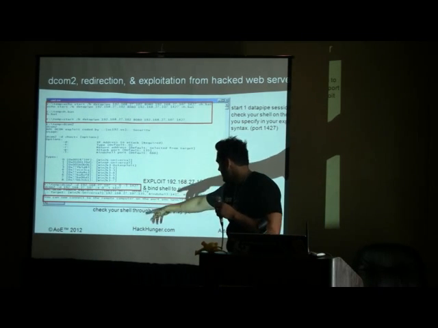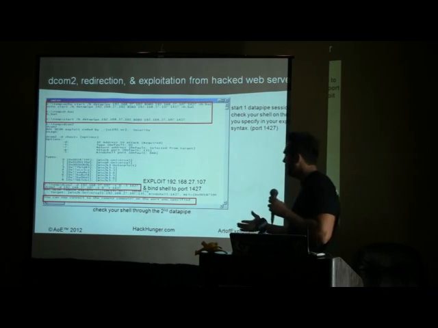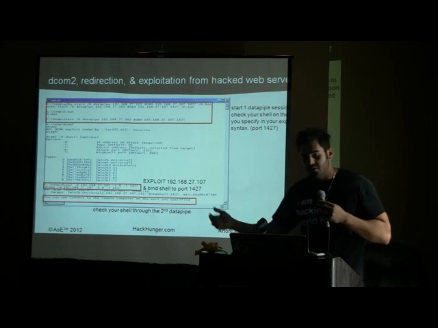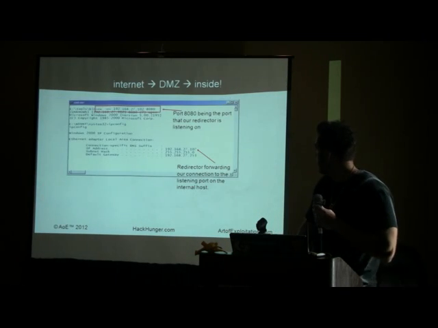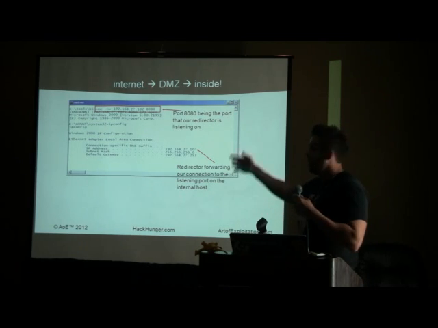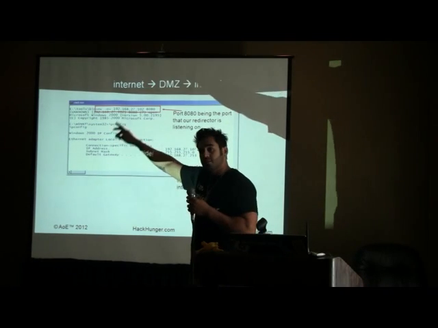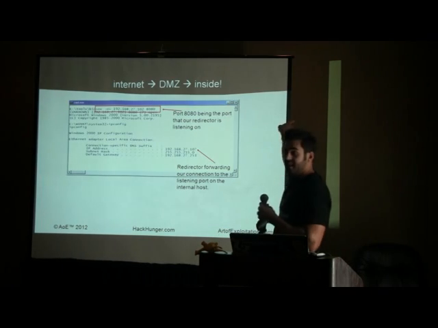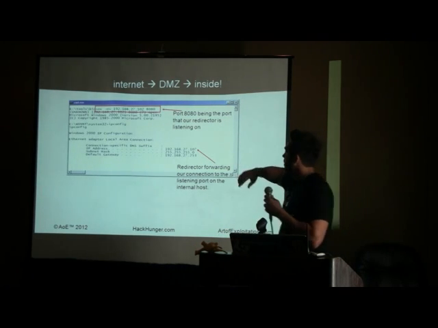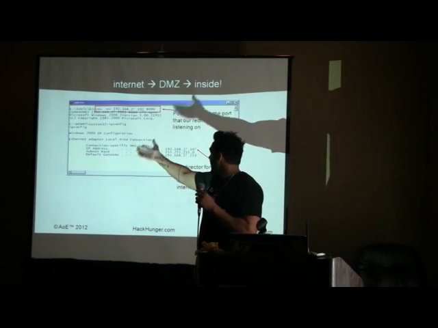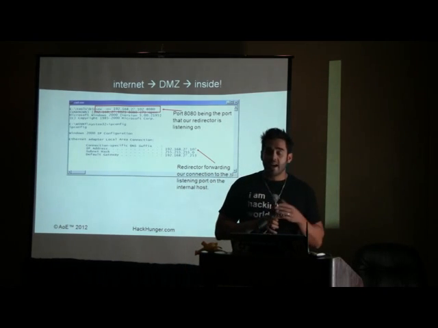It tells us, hey, it's successful. You can now connect to the remote computer on the port you specified. So you test your shell, netcat from our local machine, from the internet to the DMZ to inside the internal host. So from our local command line, netcatting onto the hacked web server.